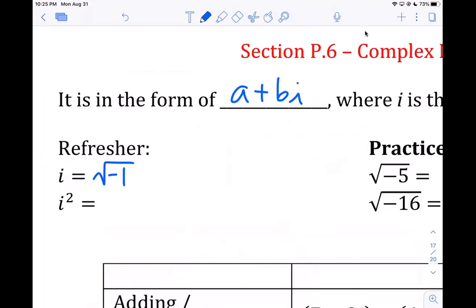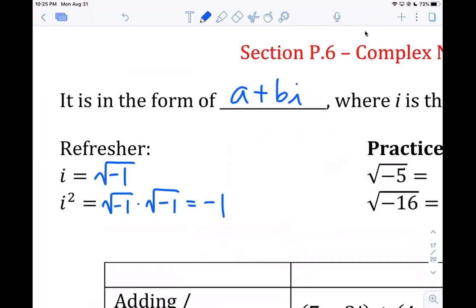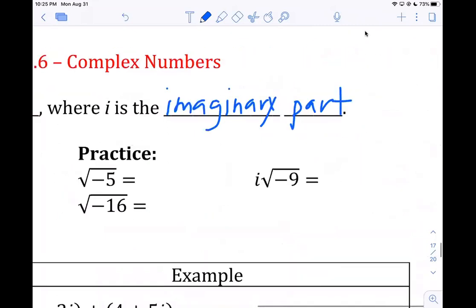Then i squared just means there are two of these multiplied together, so we end up with -1. So you just have to remember these definitions: i is the square root of -1, i squared is -1. So let's practice really quickly. Go ahead and pause your video and try these problems.